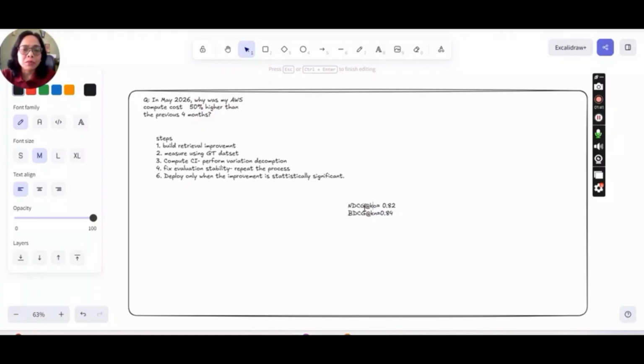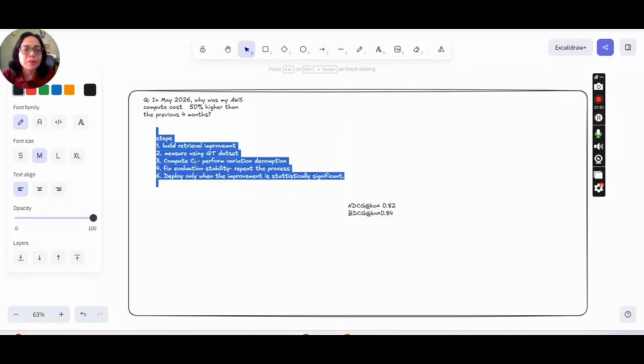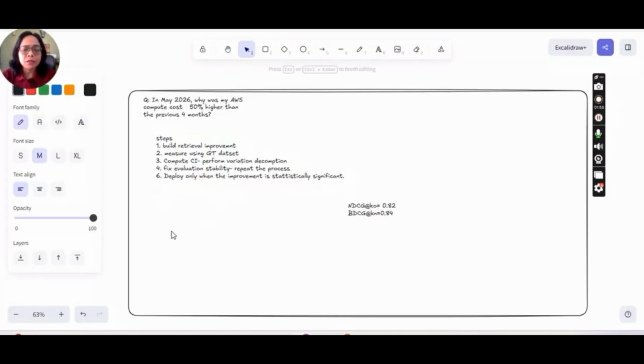So before analyzing this concept, we need to understand some statistical terminology. These two statistical terms are CI, which is known as confidence interval, and the other, variation decomposition.